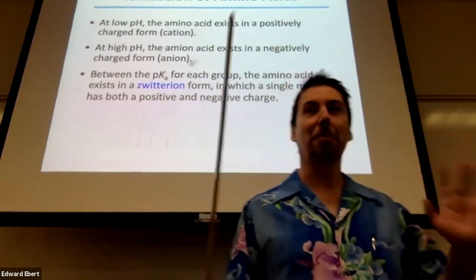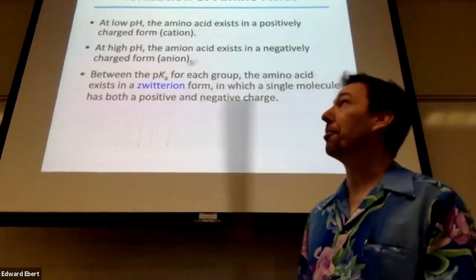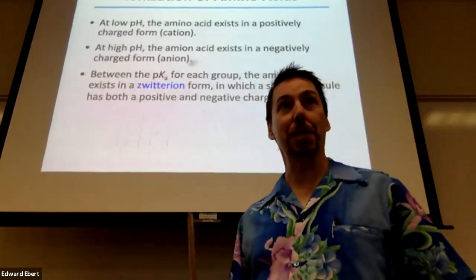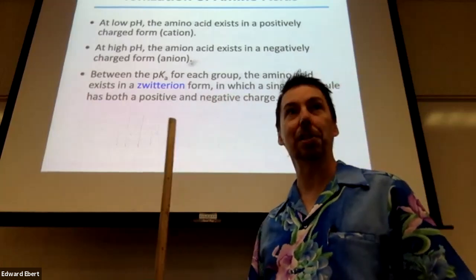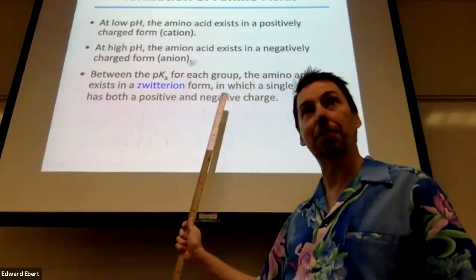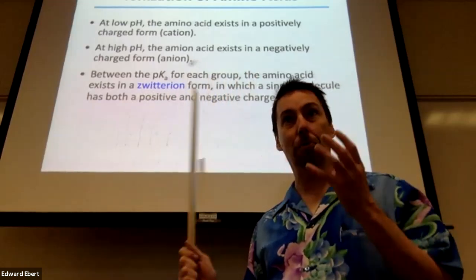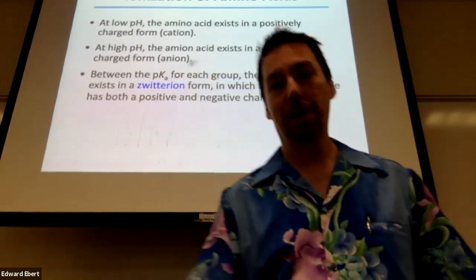I'm getting ahead of myself. Let me rephrase that. If we looked at physiological pH of glycine, we saw that we wrote the amino group as NH3 plus, and our carboxylic acid group as COO minus. So that basically has both a positive charge and a negative charge that are stabilized on the molecule, but the overall net charge is 0 because that positive charge and negative charge cancel out.